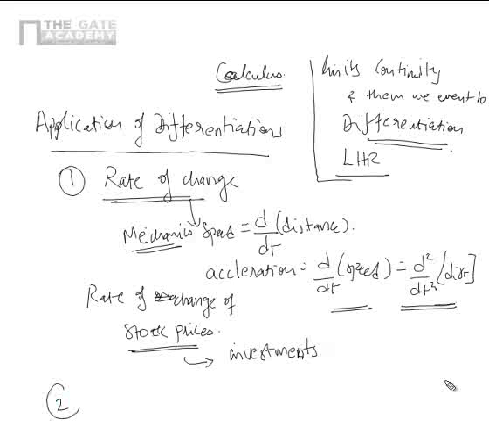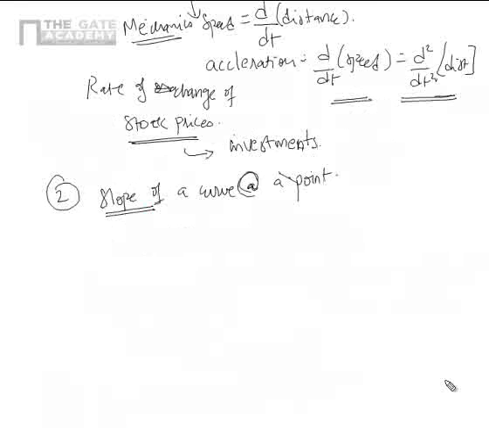Second application is what? Slope of a curve at a point. So what do I mean by this? How is differentiation able to give me the slope of a curve? Let us see. What do I mean by a slope of the curve at a point?